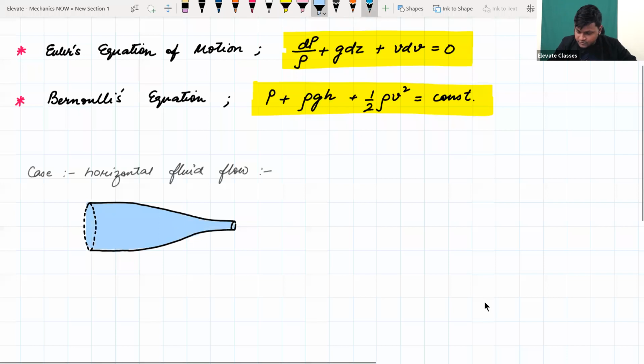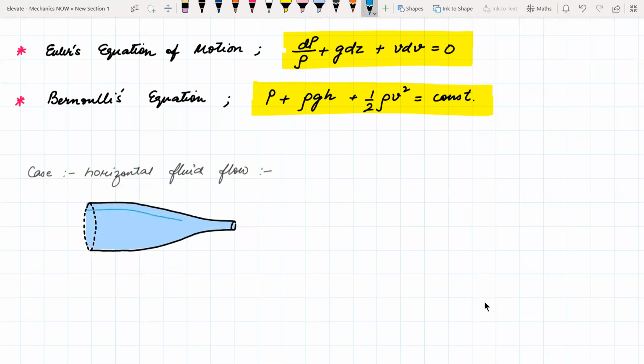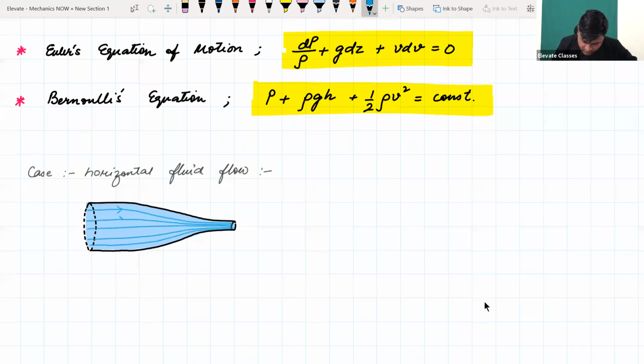There are various streamlines going through it. These are various streamlines of the particles in the fluid going from the entry to the exit.